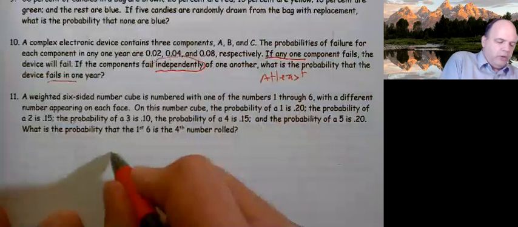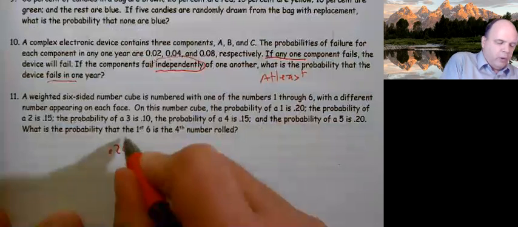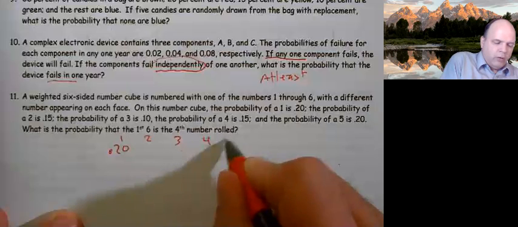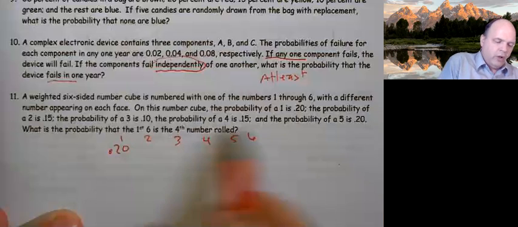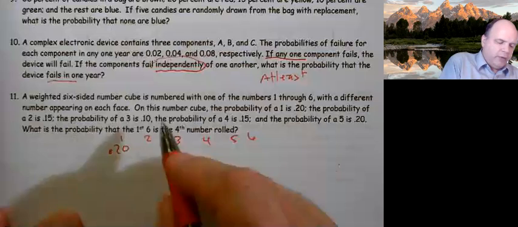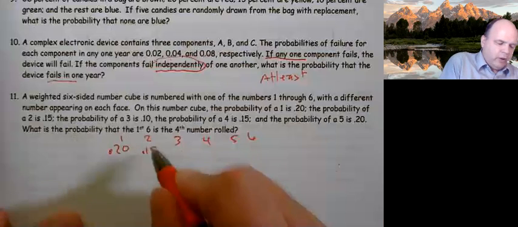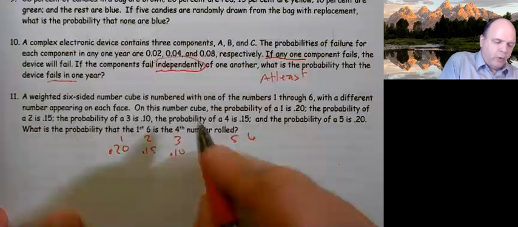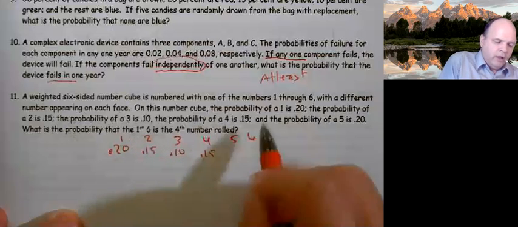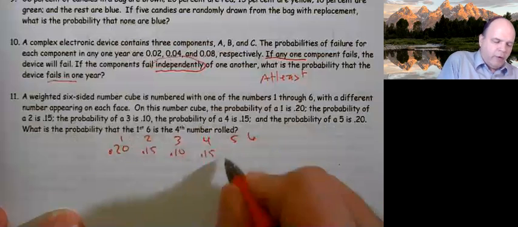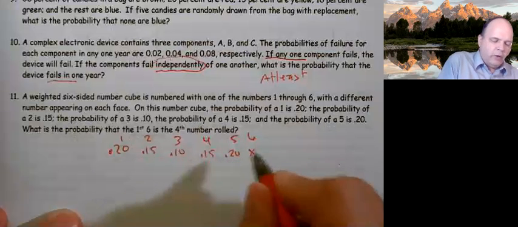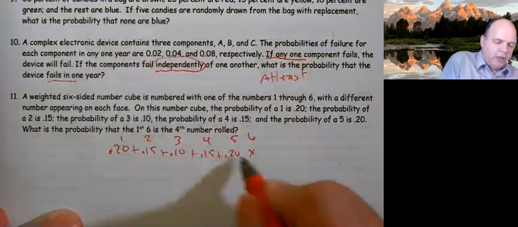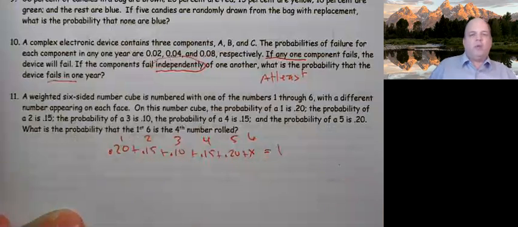The probability of a 1 is 0.2, a 2 is 0.15, a 3 is 0.10, a 4 is 0.15, and a 5 is 0.2. I don't know the 6, but if I add all these up, it has to be a valid probability distribution, and that has to equal 1.